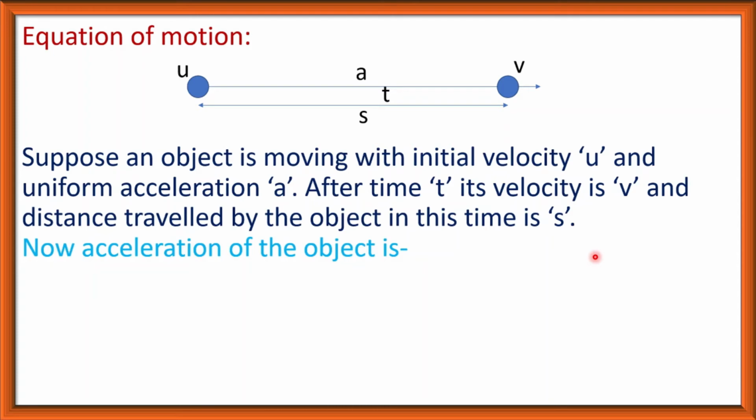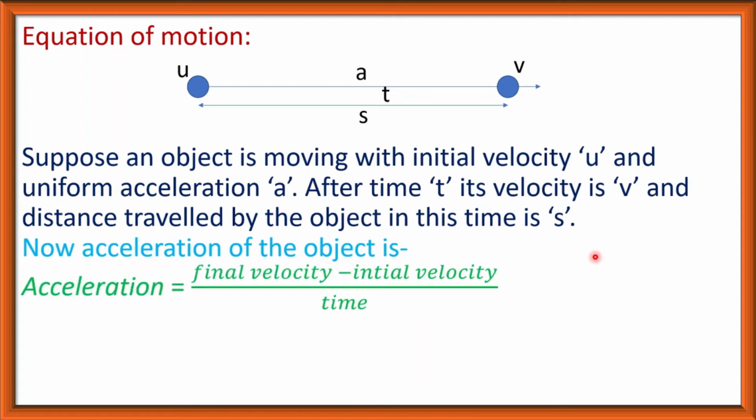Now acceleration of the object is equal to final velocity minus initial velocity divided by time. Here the time required to change this velocity from u to v is t. Here v is the final velocity, u is the initial velocity. Therefore a is equal to v minus u divided by t.